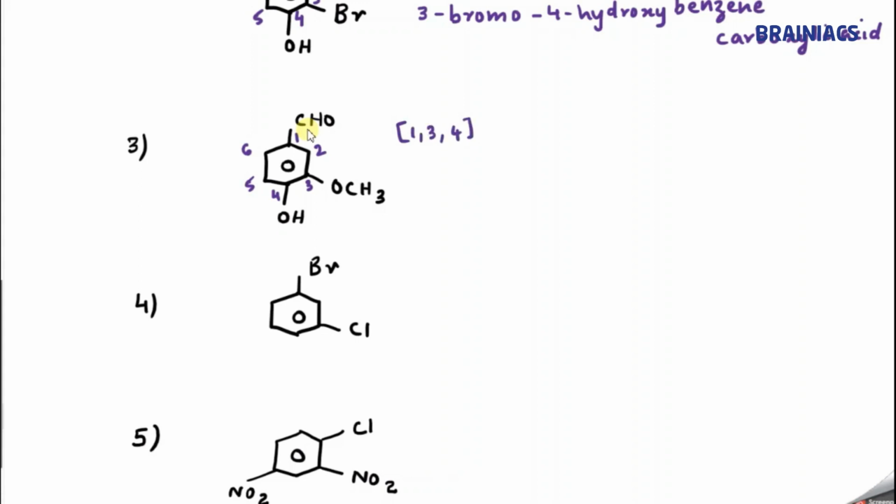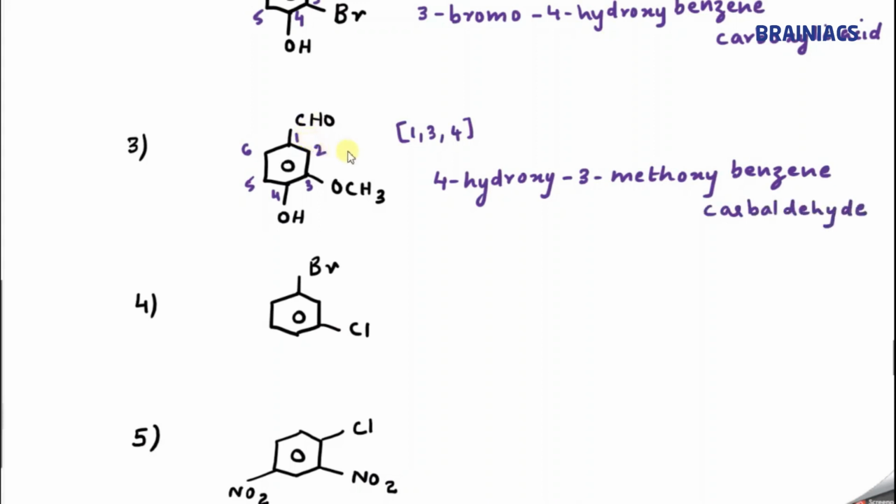So hydroxy is there, as well as at the third position methoxy is there. So alphabetically hydroxy comes first. So we say 4 hydroxy, then 3 methoxy, correct? 4-hydroxy-3-methoxy benzene carbaldehyde. Either we say benzene carbaldehyde or benzaldehyde. Both are correct.